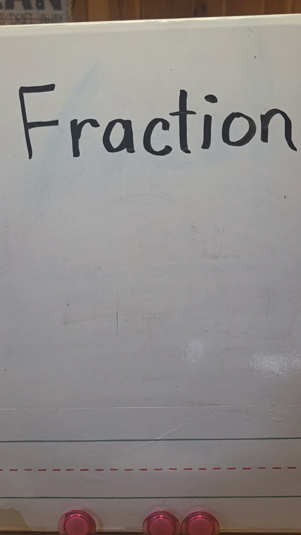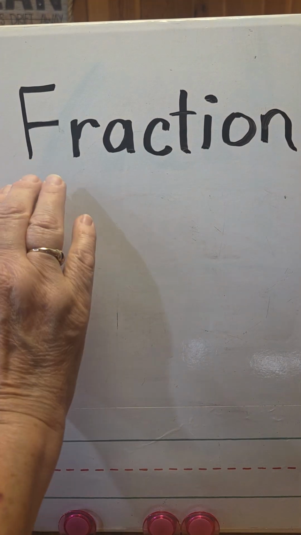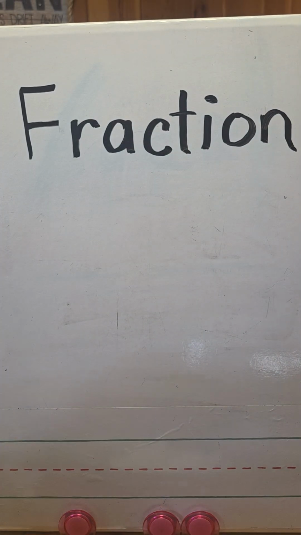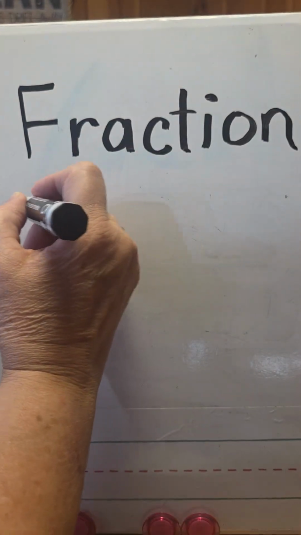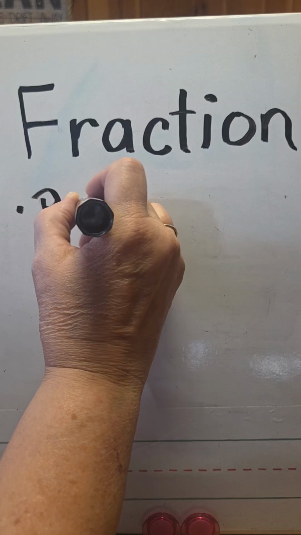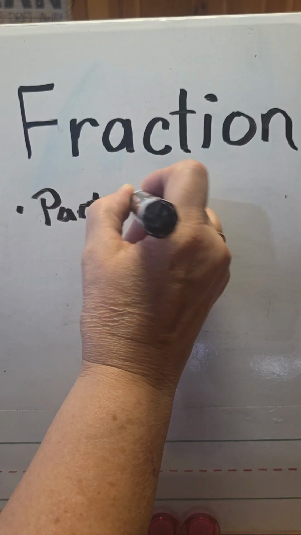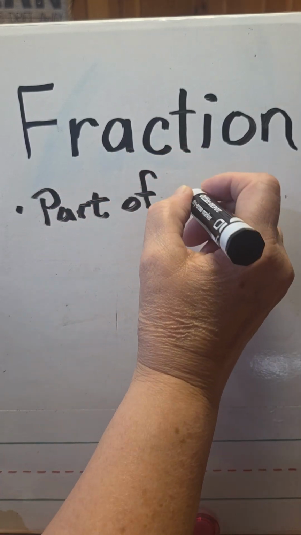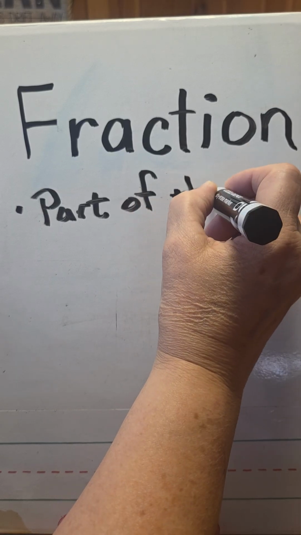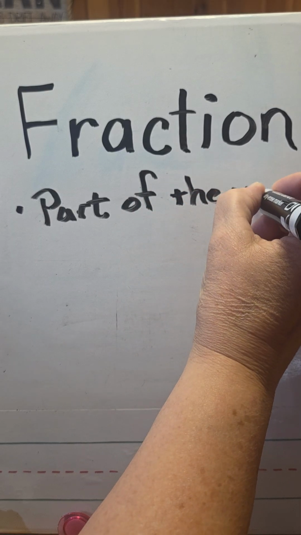All right, we're going to talk about a fraction. And here's the word, fraction, 2 syllables. Just got to get a little reading lesson in there. A fraction is a part of something, part of the whole.